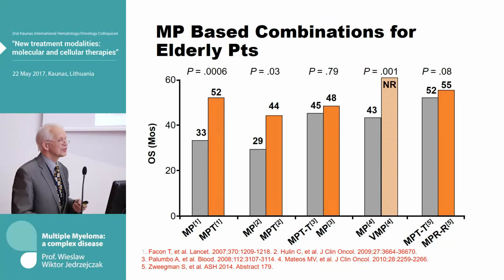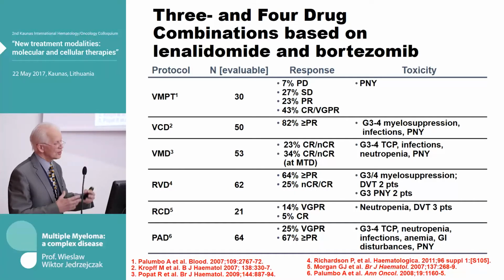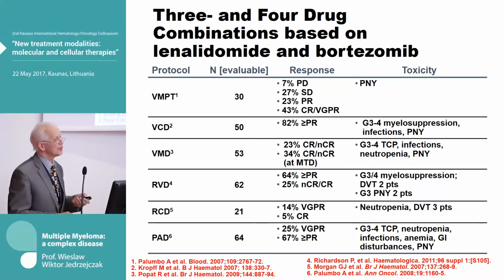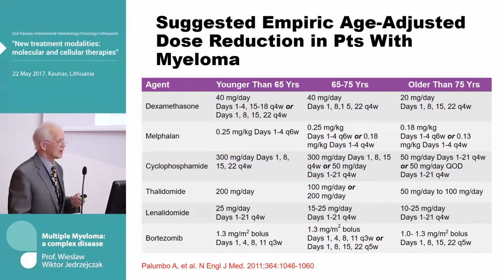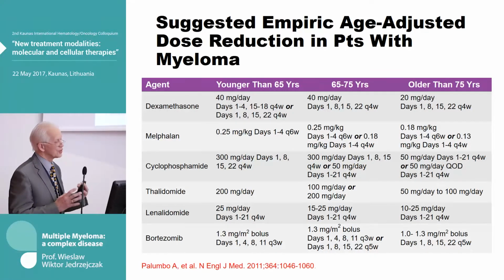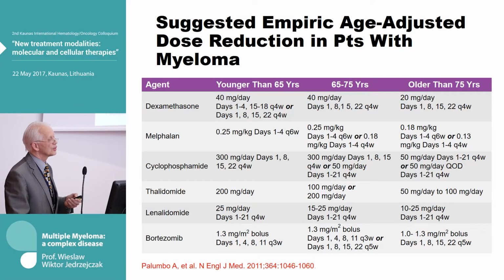These treatment modalities are more and more modified, and they are now based on these other drugs that are available, particularly lenalidomide and bortezomib, and they constantly improve survival also in this subgroup of patients. However, one has to remember that in these patients, the dosage of these drugs, depending on age and comorbidities, has to be reduced because they may be overwhelming or over-toxic for this group of patients.